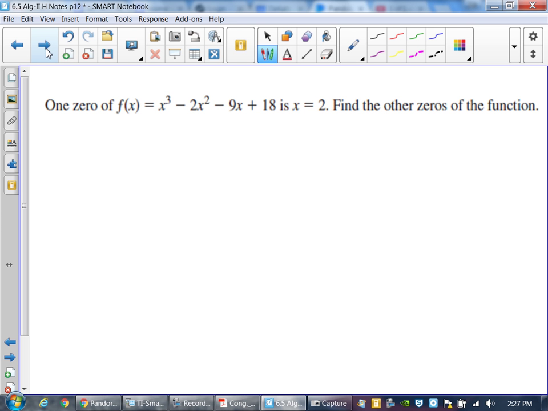Here it says one zero of f of x is x equals 2. So 2 is a 0. If 2 is the 0, what's its term? x minus 2. So it's telling you x equals 2 is the 0. So find all the other zeros. Well, what do you do? Well, you don't cry. You synthetically divide.